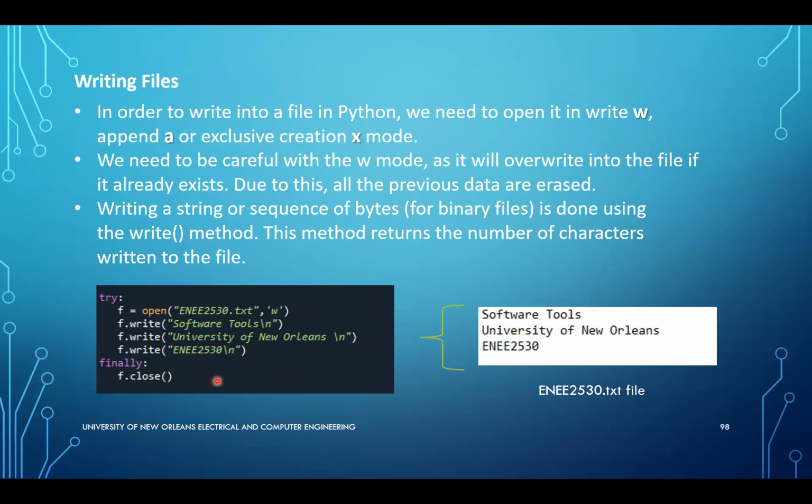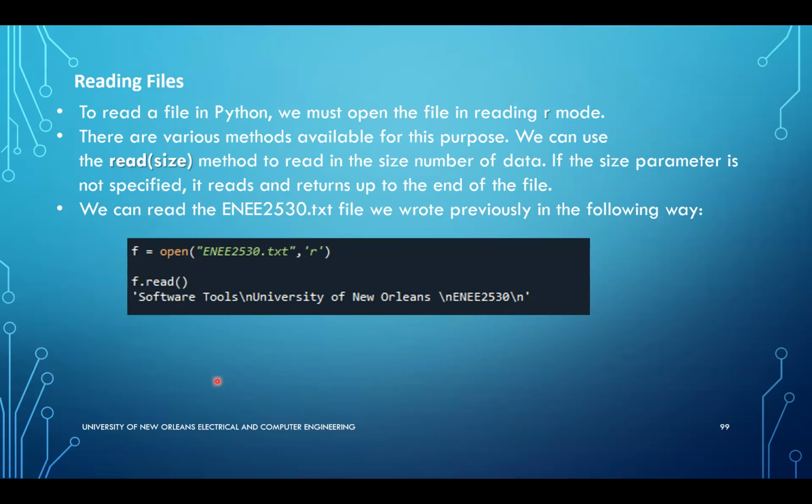So if I want to do something to it now, I have to open it again. So I open the file in the reading mode, telling it I want to read it, and the file I want to read is this. I give it the name of the file, and again, I'm going to put a handle in the variable f.